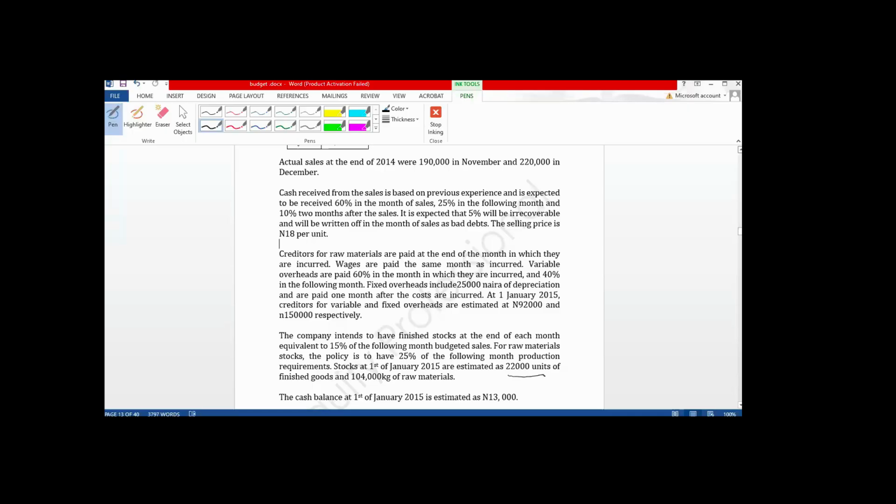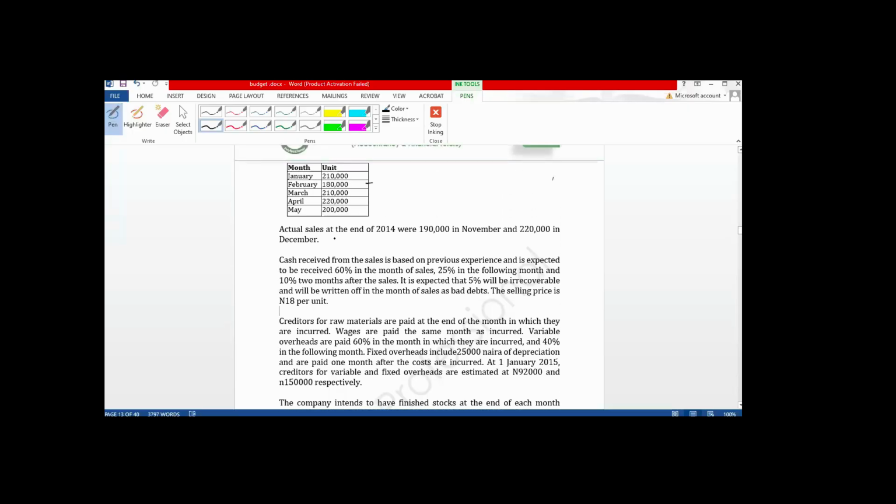It is expected that 5% will be irrecoverable and will be written off in the month of sales as a bad debt. The selling price is 18 naira per unit. Now let's go and compute.